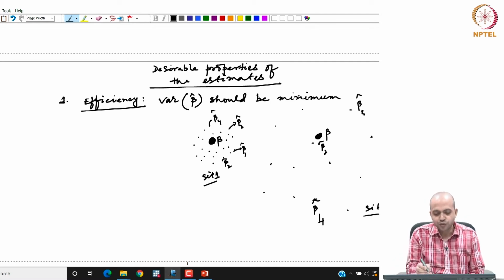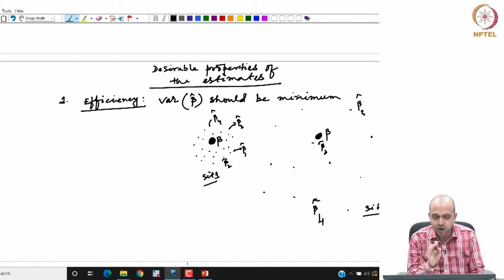I will say that the minimum variance property will be satisfied in this context, where the variance of my beta hat, that means when I am collecting several samples from the population, I will get a variance of beta hat, and that variance should be minimum. That is the desirable property.